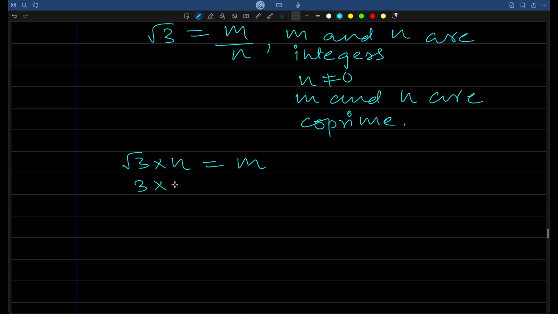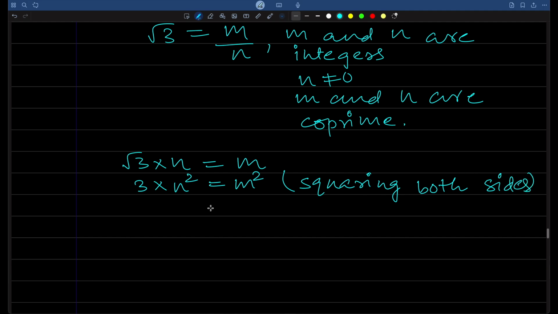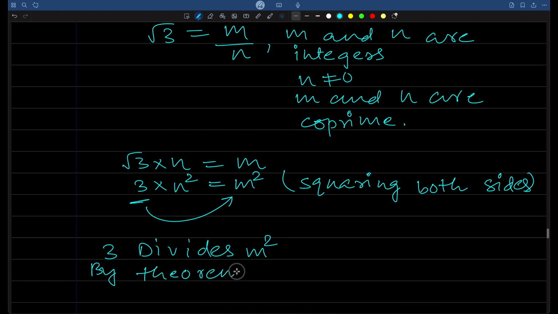Squaring both sides, we get 3n square equals m square. Now here 3 divides m square, and by theorem, 3 divides m.